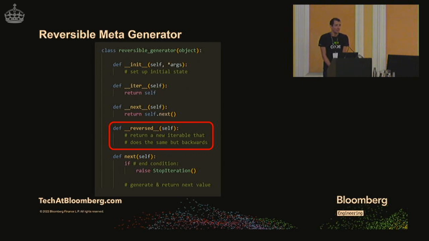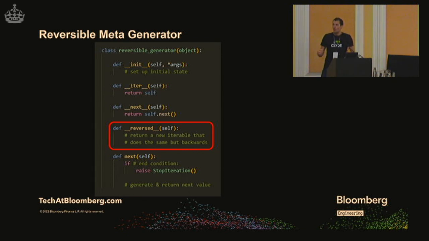Reversible lazy loading iterables. There was an asterisk on reversed on the other slide, and that's because this already exists in the very common range function. These days, range is a lazy loading iterable.